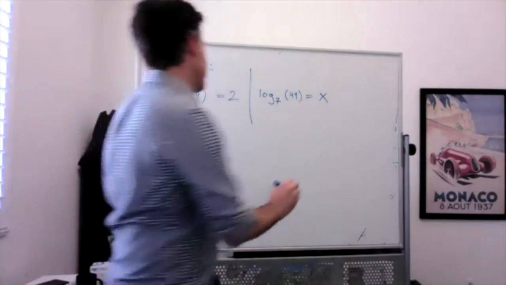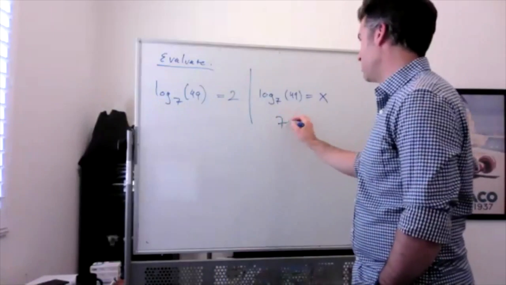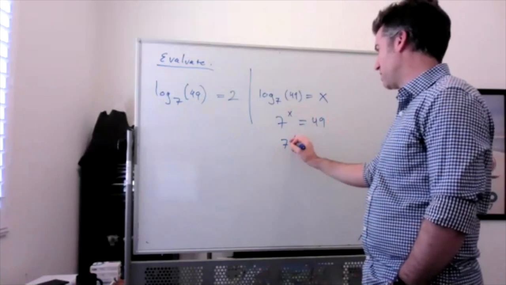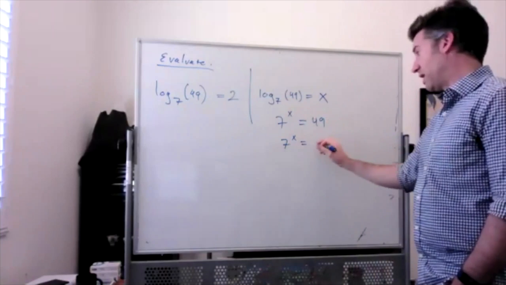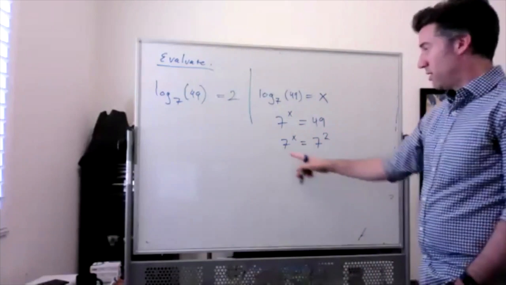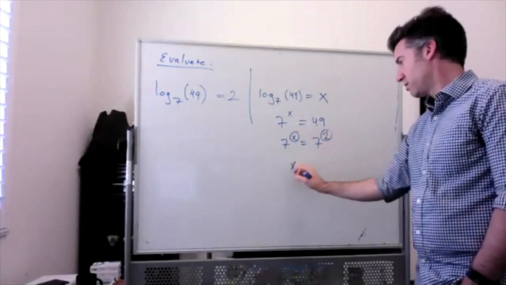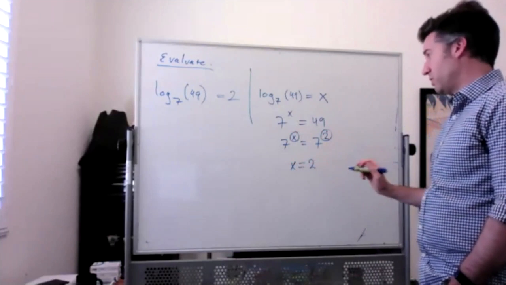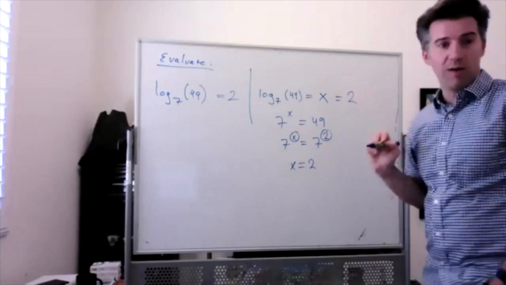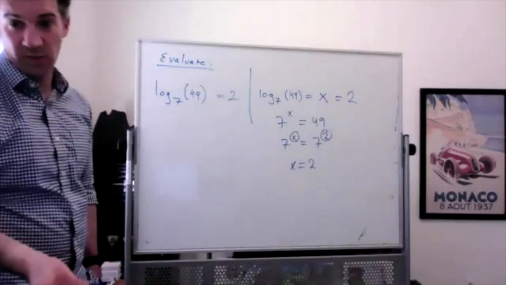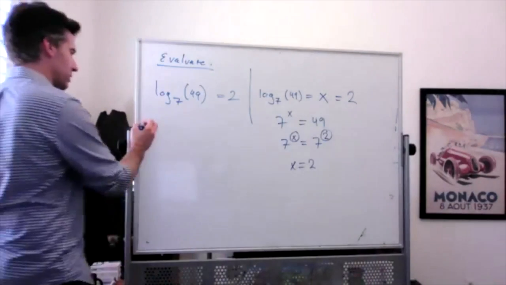Then I'm going to rewrite this as 7 to the x equals 49. And then I can say, oh, 49 is 7 squared. So if these two things are equal, x has to equal 2. So log base 7 of 49 is 2. You're welcome to show more work, or a little less work, depending on how easy or hard it is.